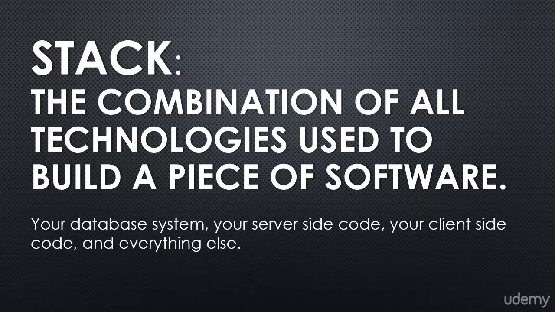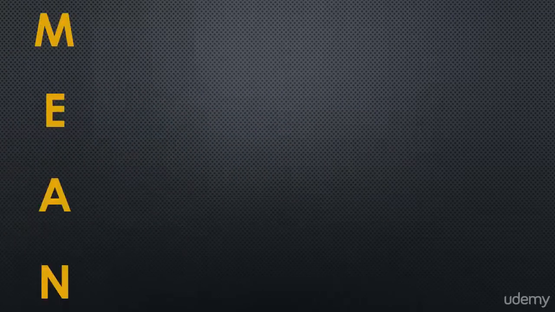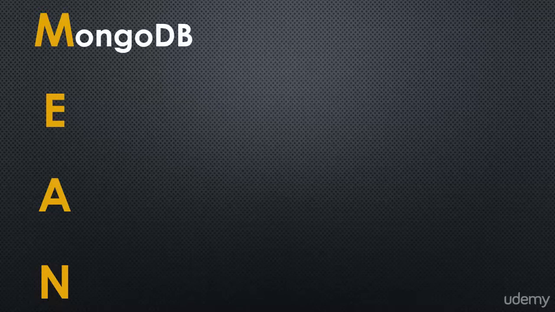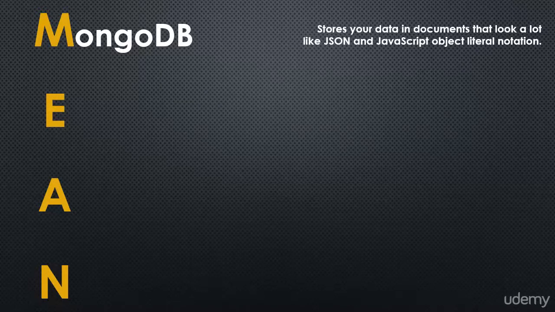The word MEAN is really just an acronym, and each letter stands for a particular technology that, when combined, makes it very easy to build web applications. We've actually already seen 3 of the 4 letters. M stands for MongoDB, which is where you store your data. You store your data, in this case, in documents. It's a NoSQL database.